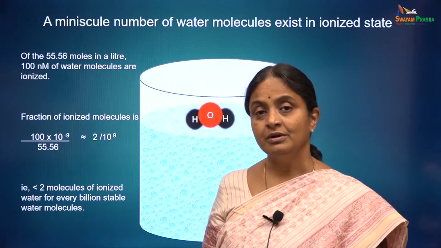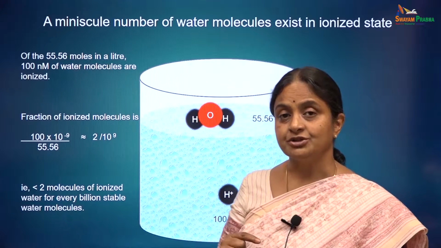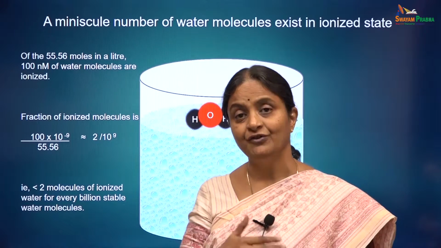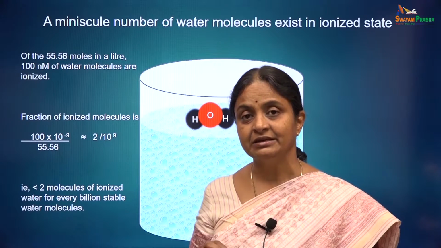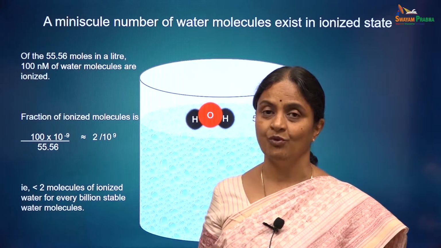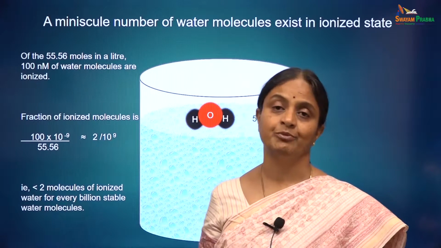And therefore, the pH of plasma or the fluids in which cells live has to be maintained very tightly around 7.4.